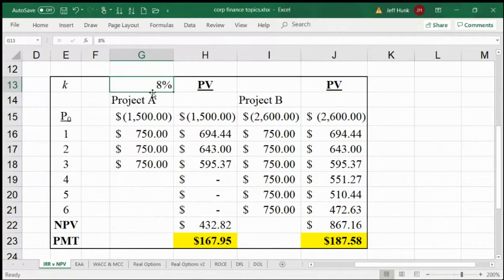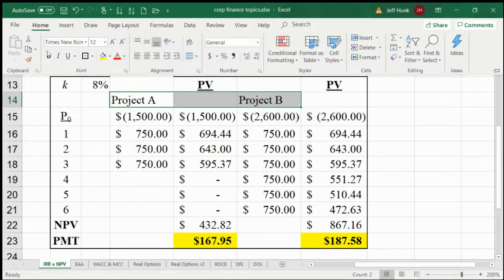Again, let me do this. I just simply copied the previous table.